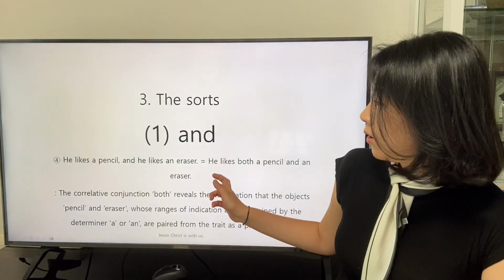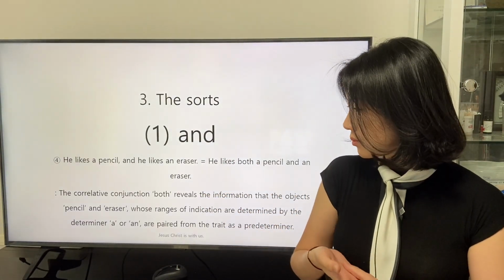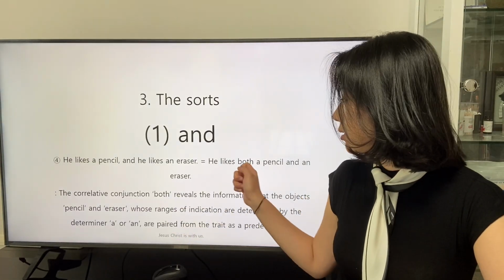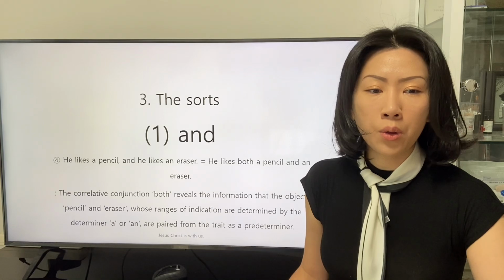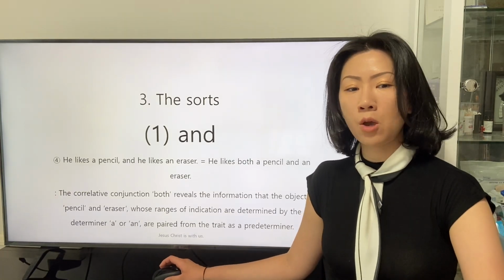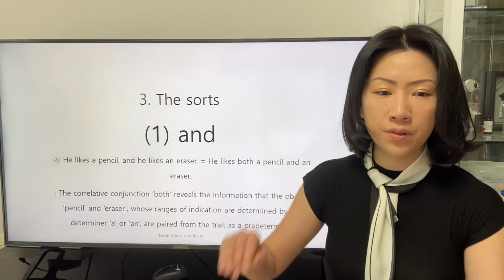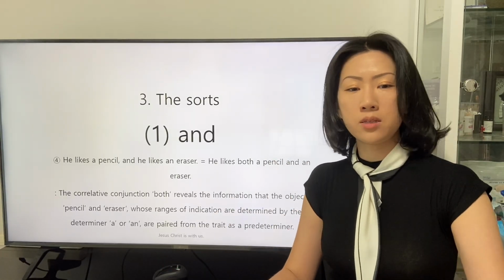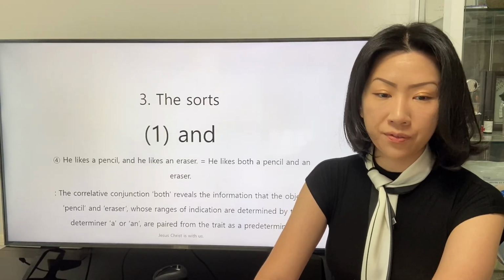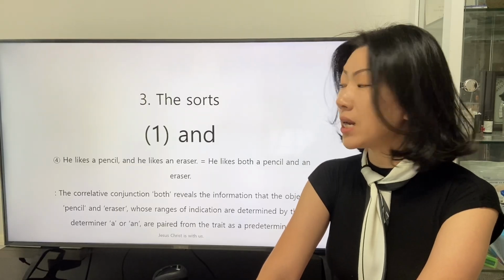There is the fourth example that the correlative conjunction both is applied in. The correlative conjunction both reveals information that the objects pencil and eraser, whose ranges of indication are determined by the determiner, are paired, from the trait of both as a predeterminer.